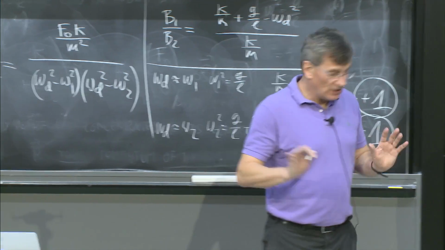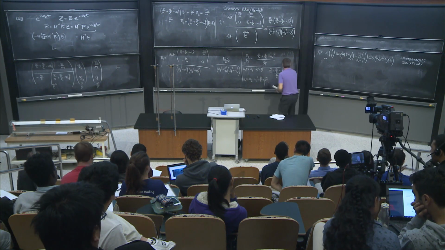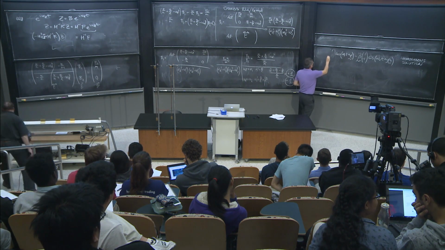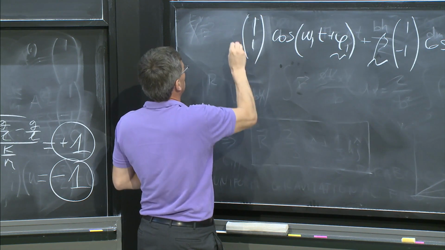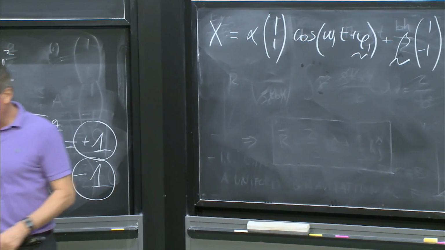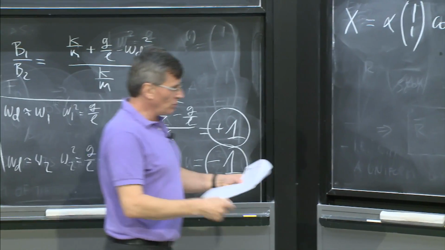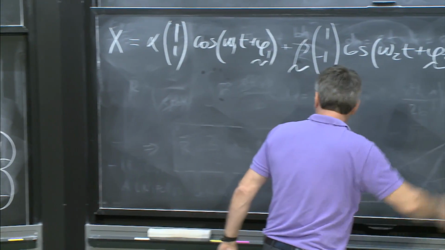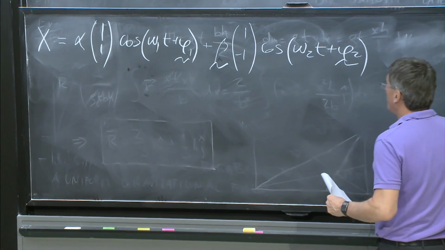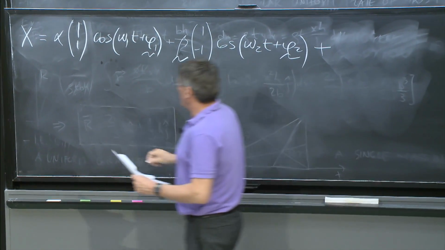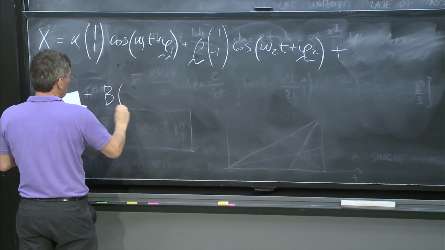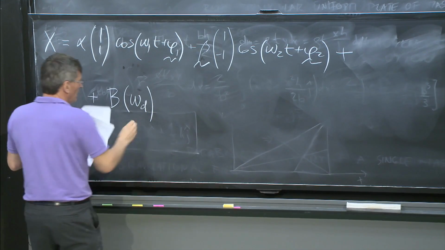And what comes out, just for summary, for future reference, is that the oscillation of the system, this is vector x, is in general the homogeneous solution, plus the particular solution, which is vector b, which is very important.